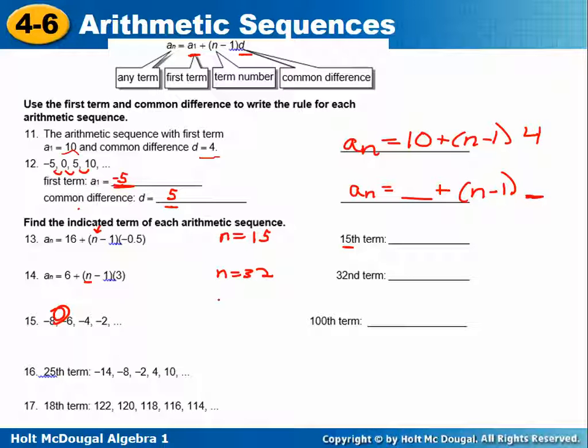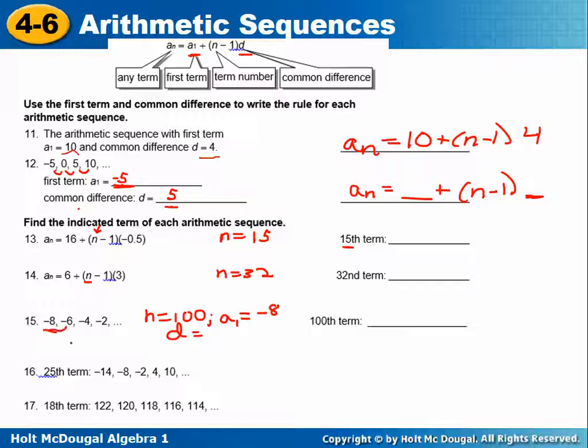Now 15 through 17, you'll actually write the formula yourself and then find the indicated term. So in number 15, we're going to find the 100th term. So n will be 100. We can see that a sub 1, that's first term, a sub 1 is -8. And now what's the common difference?